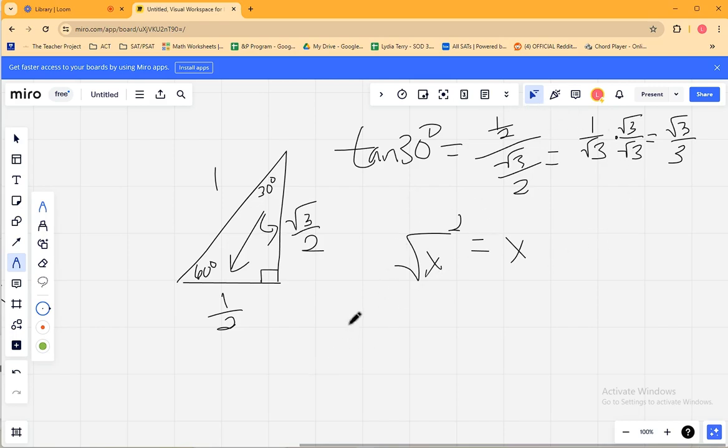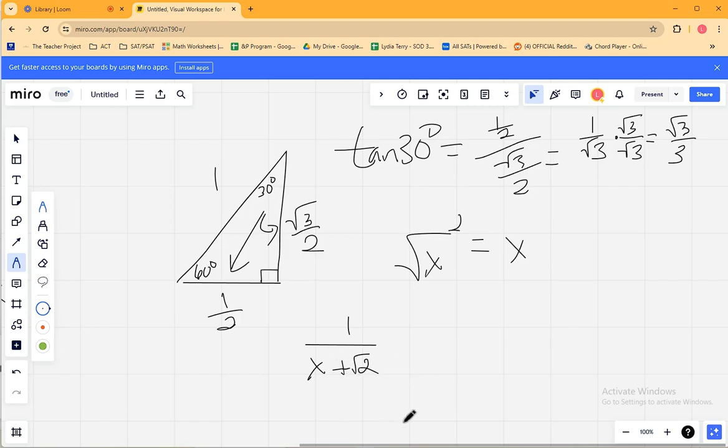You're also going to be expected to know how to rationalize something with a binomial in the denominator. So let's say we have 1 over x plus the square root of 2, okay? Typically on the SAT or ACT, they will ask you for something that is equivalent to this, but they're expecting you to know how to rationalize your denominator.